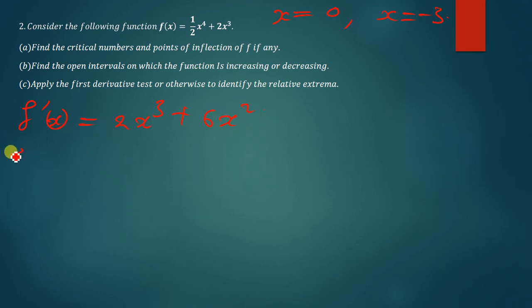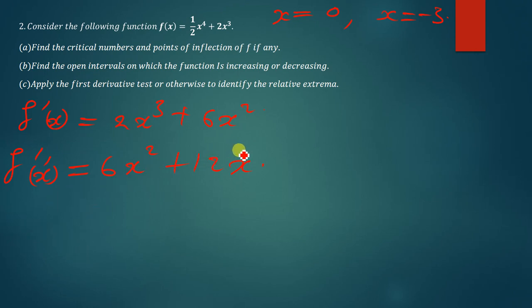So now we find the second derivative. We use the second derivative test to determine whether it's minimum or maximum. When you find the second derivative, we're going to have 2 times 3, which gives 6x^2, and then you have 12x. Now we have to identify whether it is a minimum, a maximum, or has a point of inflection.